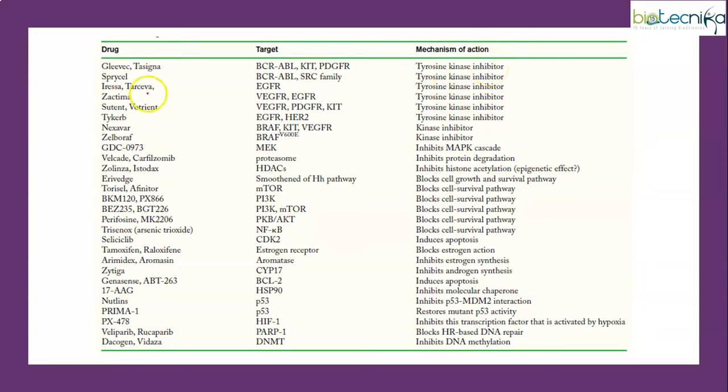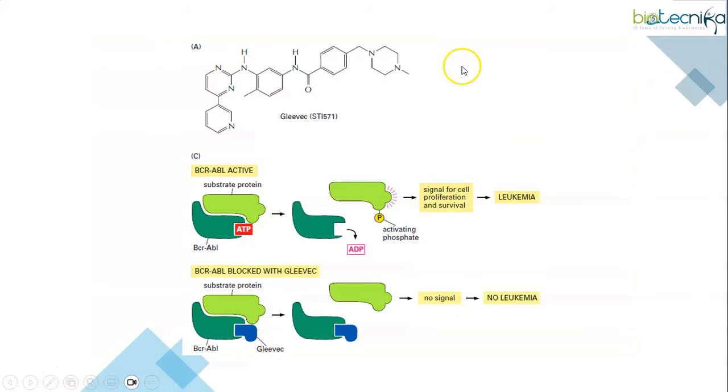We'll take one example from here, Glivec, BCR-ABL gene. The mechanism of action is tyrosine kinase inhibition. As we can see here, if the BCR-ABL gene is active, ATP hydrolysis takes place and the phosphate is transferred to the substrate protein.